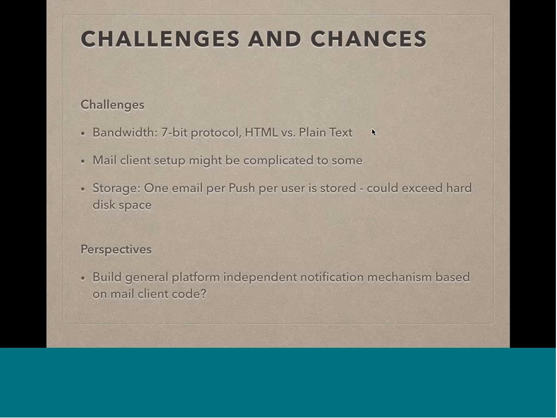So after now 4 months of testing, we exceeded our hard disk space, which was only 170 gigabytes, which is still a lot, but that means that we need to keep track that at some point we erase all old data that's not needed anymore. Because if we save all the notifications we send out in a lifetime, then we will run out of disk space sooner or later. But this can be solved.